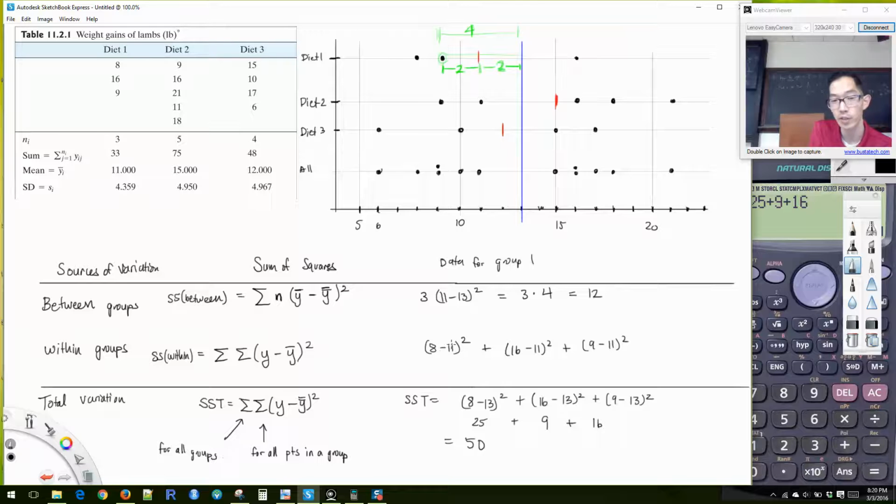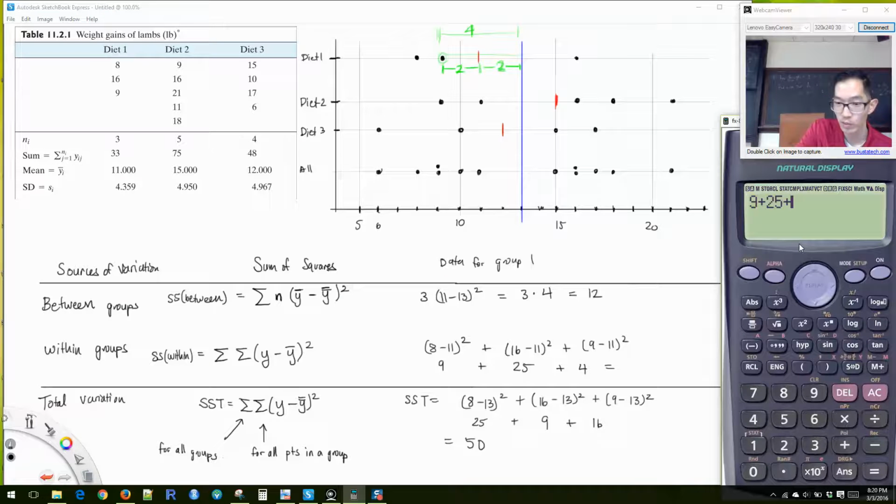Here 8 minus 11 is 3, 3 squared is 9; 16 minus 11 is 5, squared is 25; and 9 minus 11 is 2, squared is 4. So 9 plus 25 plus 4, we get 38.